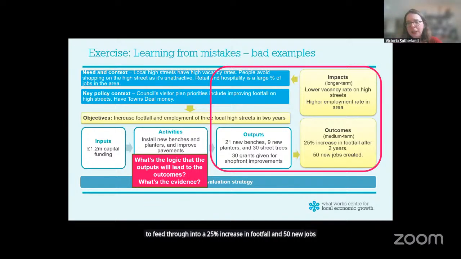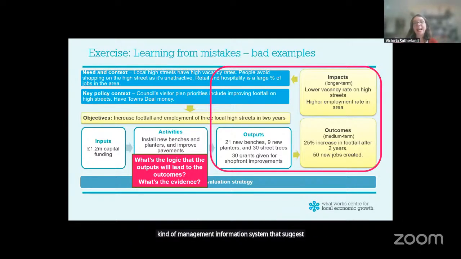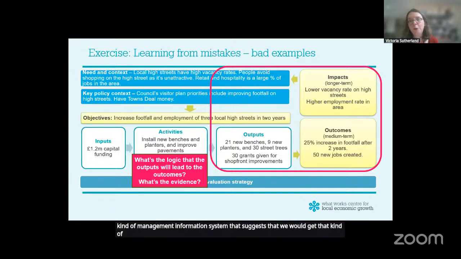So I would really be challenging, what is our evidence? Do we have evaluation evidence? Do we have evidence from our project's management information system that suggests that we would get that kind of scale of impact? And also remember, we're talking about 2 years here.